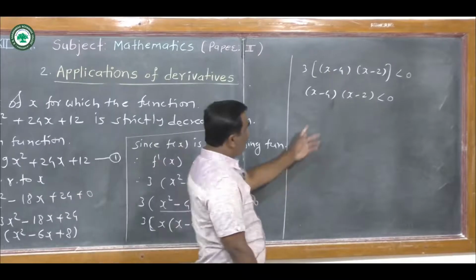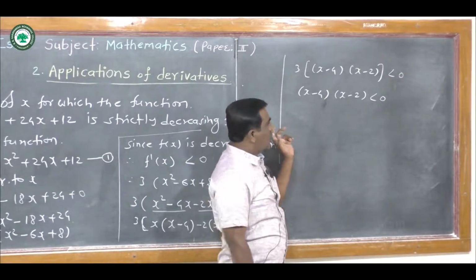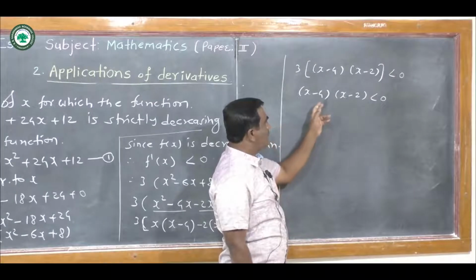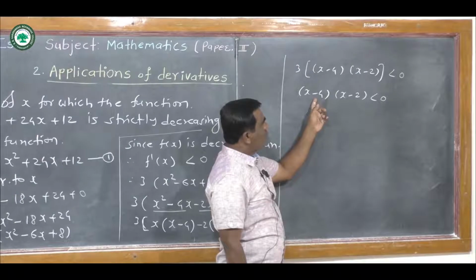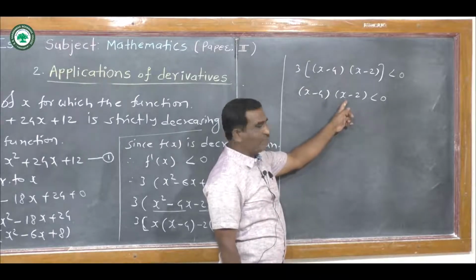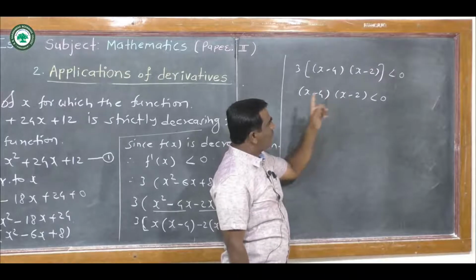Now here the product of two numbers, a into b, is less than 0. Now there are two cases. First case is a less than 0 and b greater than 0, that is x minus 4 less than 0 and x minus 2 greater than 0.